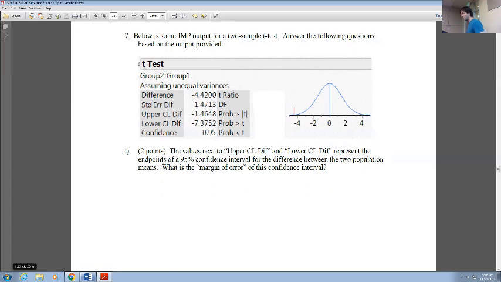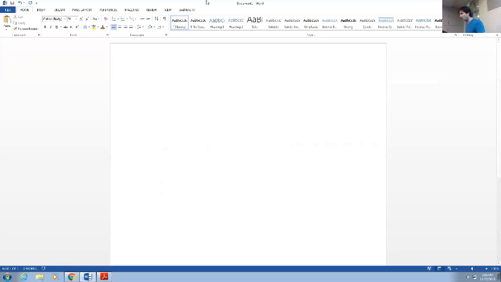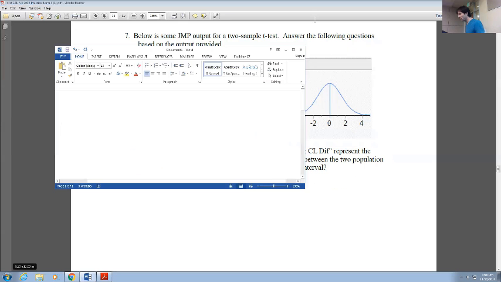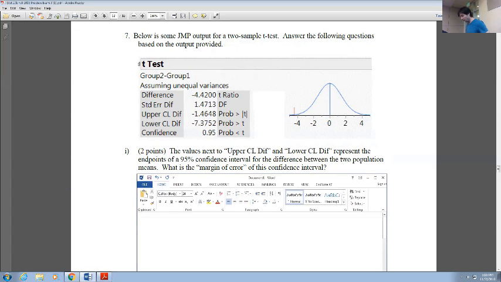And when we think about this, I'm going to do a little rounding here. But let's bring this down. You might have someone else just join. And let's see. At the lower portion of the interval, we have -7.3752. And then at the middle of the interval, we have -4.42.